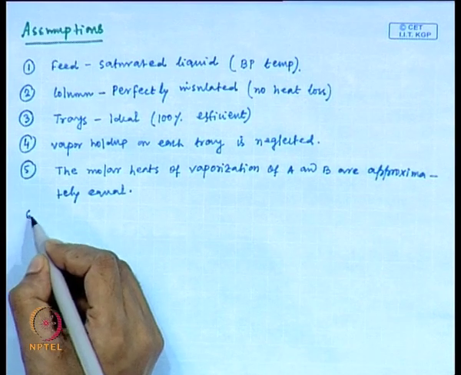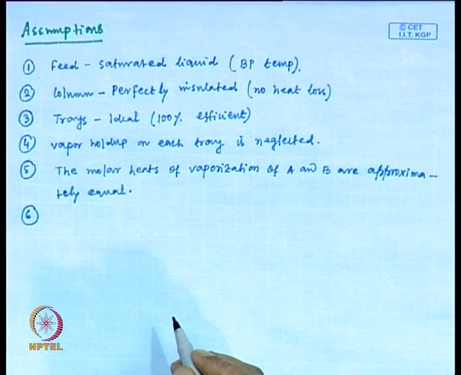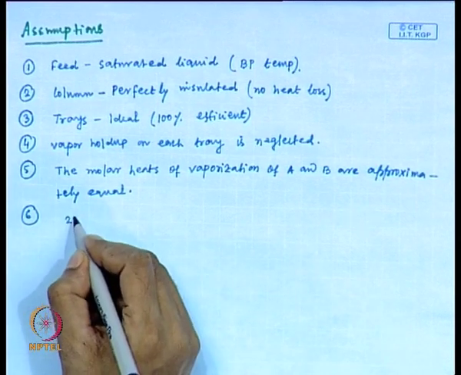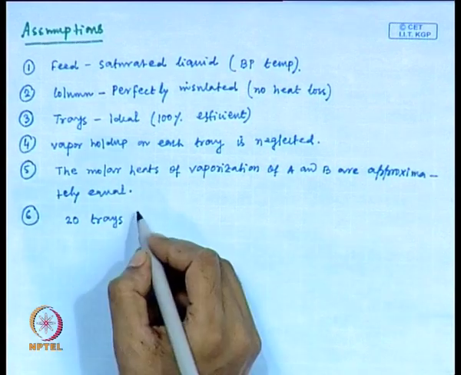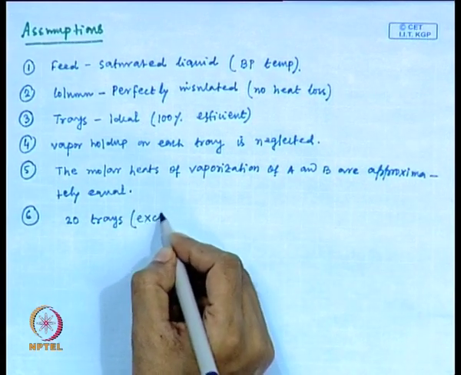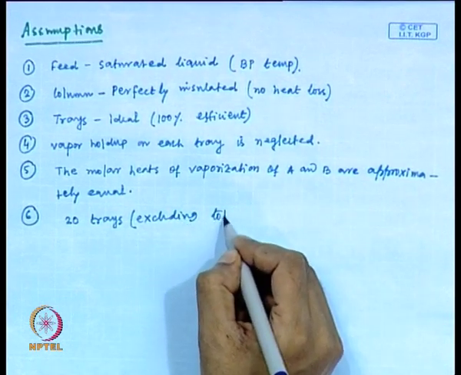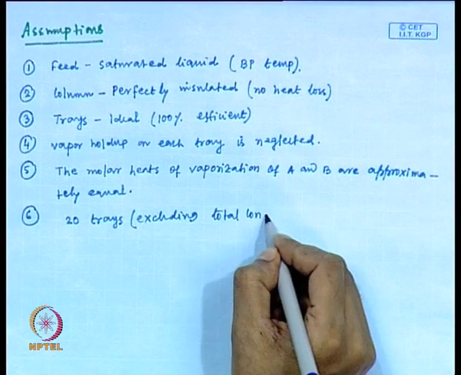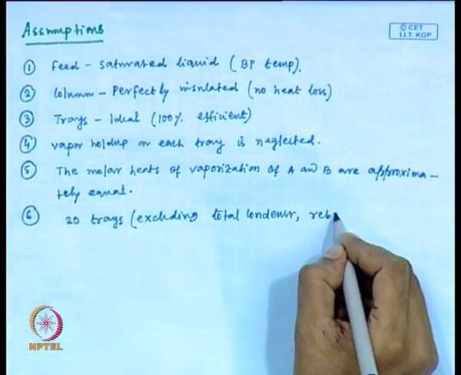Fine. The meaning of this assumption is that. Sixth assumption is the column has total 20 trays, excluding total condenser and reboiler.